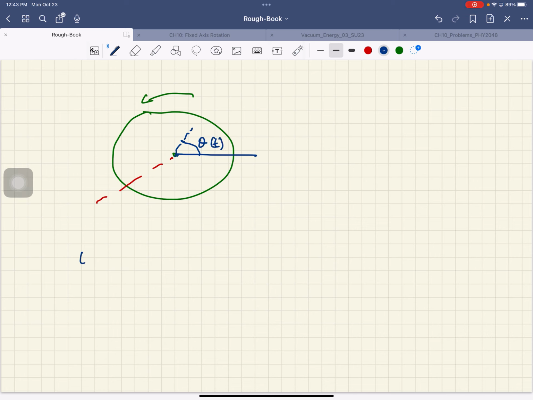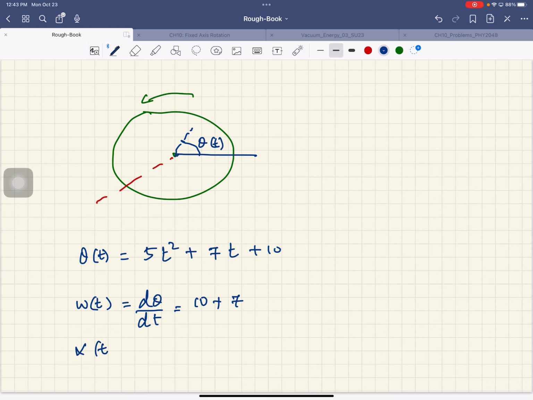So if you give its angular position as a function of time, 5t squared plus 7t plus 10, okay, its angular velocity will be 10t plus 7, and angular acceleration will be d omega by dt, d squared theta by dt squared.